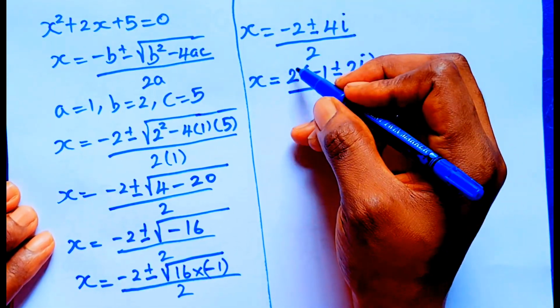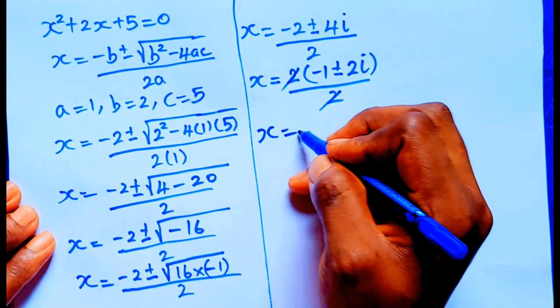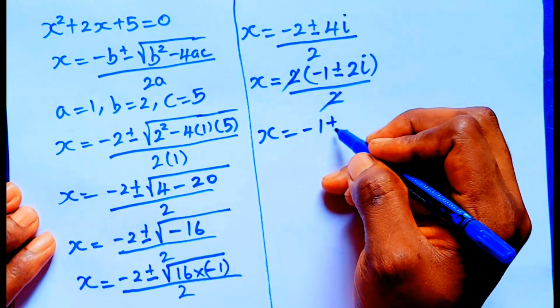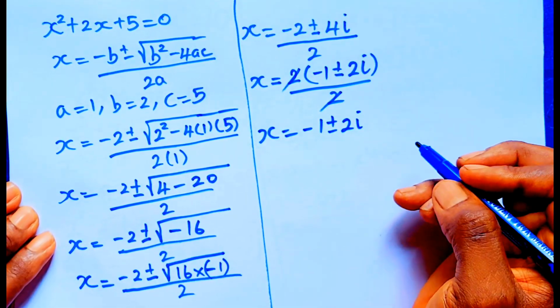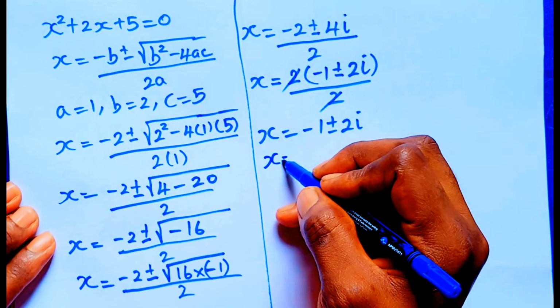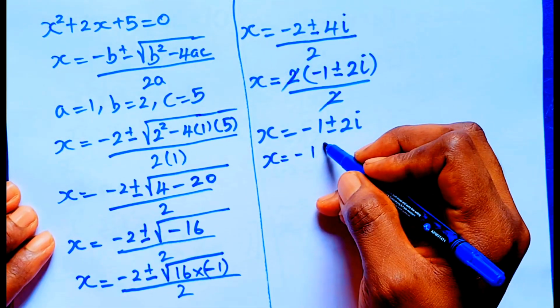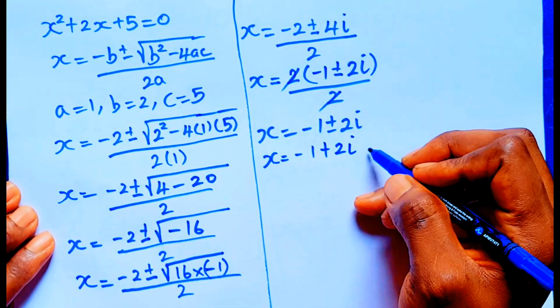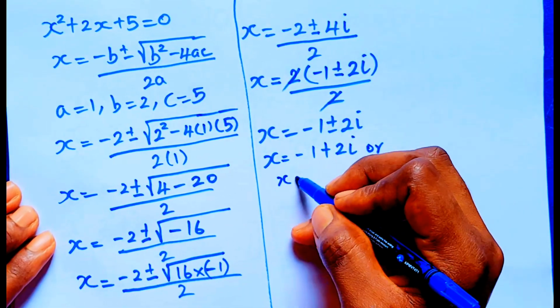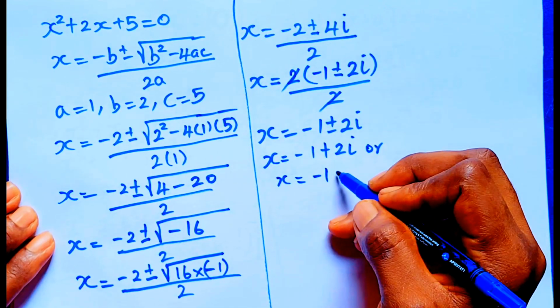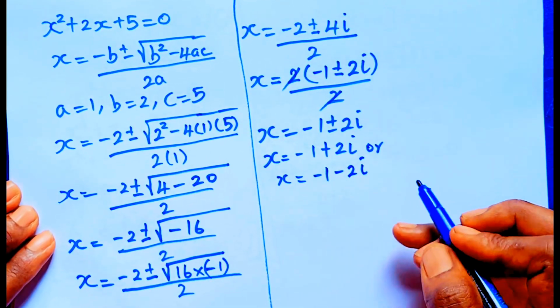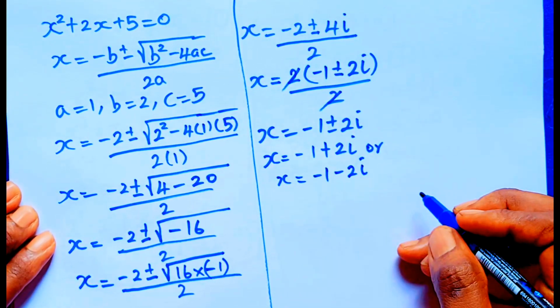So from here, these two will cancel out these two, and we'll have x equal to minus 1 plus or minus 2i. So it simply means that x equals minus 1 plus 2i, or x equals minus 1 minus 2i.